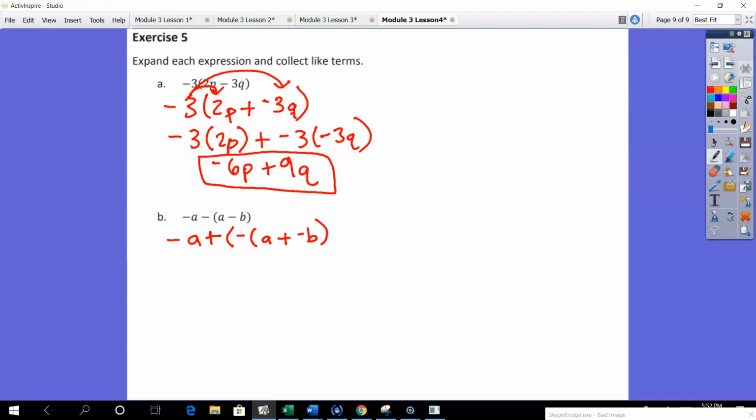So then our next step is that the opposite of this, opposite of the number, is the same thing as multiplying by a negative 1. So negative A plus, so you're really multiplying. This is the opposite of this.